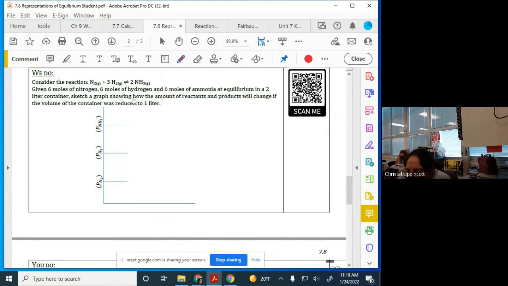We've got a 2 liter container. How much of each reactant will change if the volume was reduced to 1 liter? So again, I don't know. Okay, so tonight you're just going to do 7. I got to talk to you about how to know about these, and I don't want to try to start that today. It's just going to get messy.